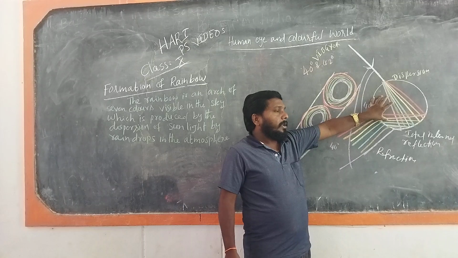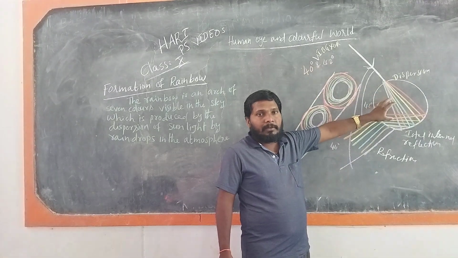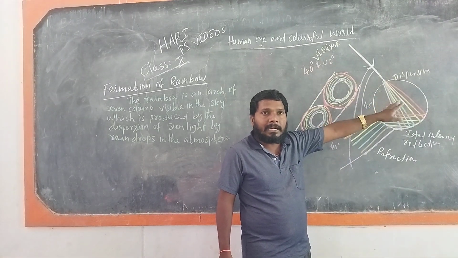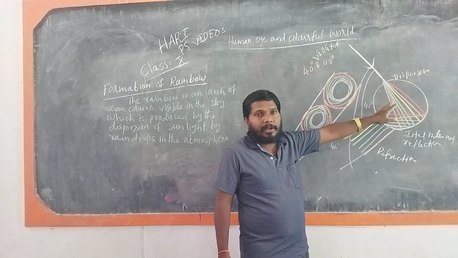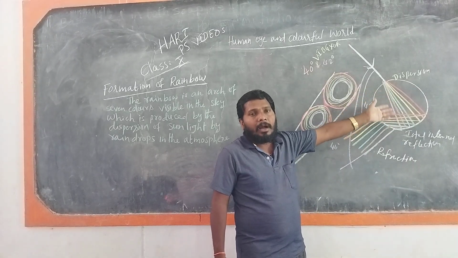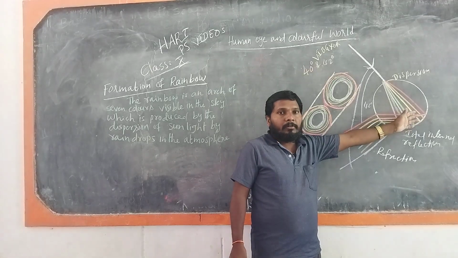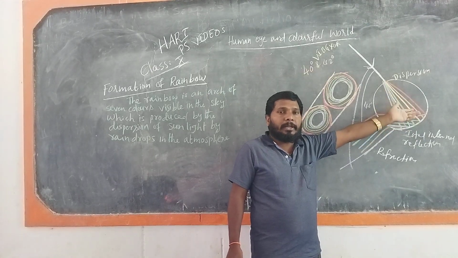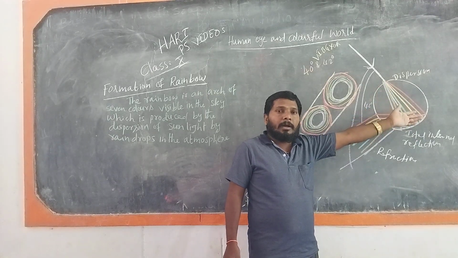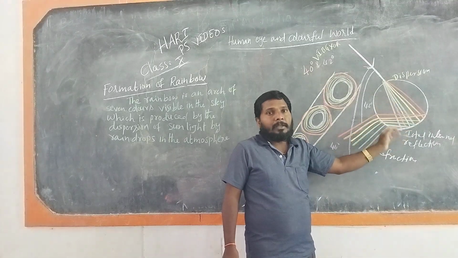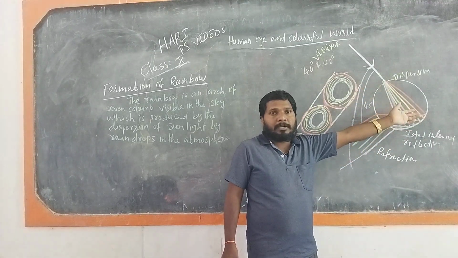So this is the spectrum of 7 colors formed by a single drop of rainwater. Similarly, one more raindrop also forms a spectrum, and the third one also forms a spectrum.